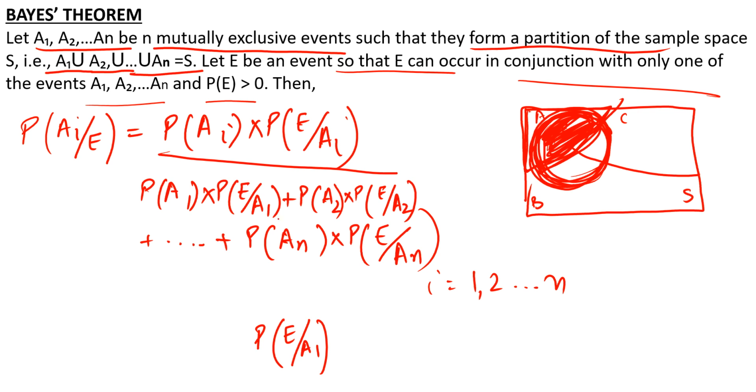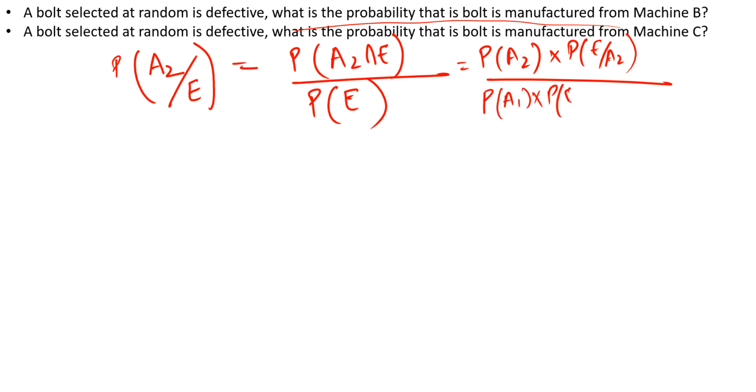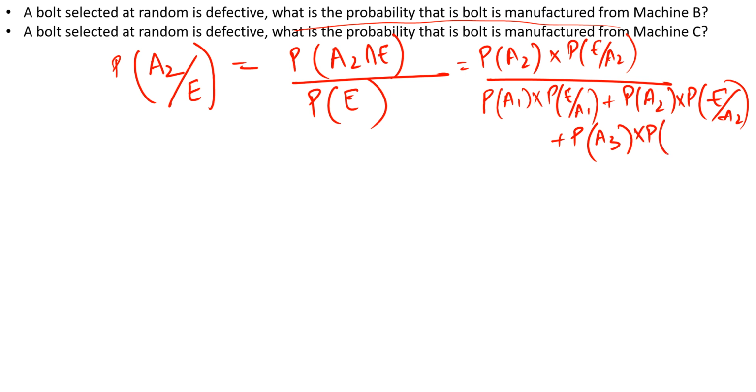We are applying this Bayes theorem. Since we have already computed these values, I am not stating them again, or we can write it like this: probability of A2 into probability of E given A2 has already occurred, upon probability of A1 into probability of event E given A1 has occurred, plus probability of A2 into probability of event E given A2 has already occurred, plus probability of A3 into probability of event E given A3 has already occurred.